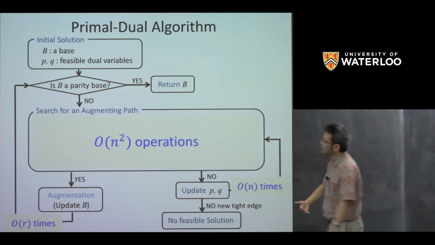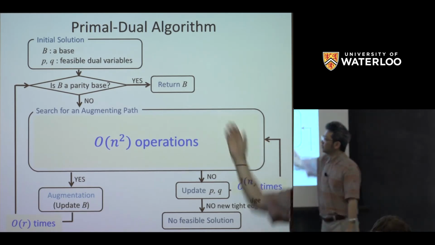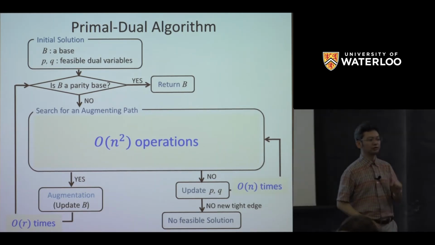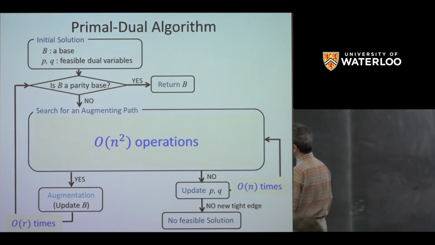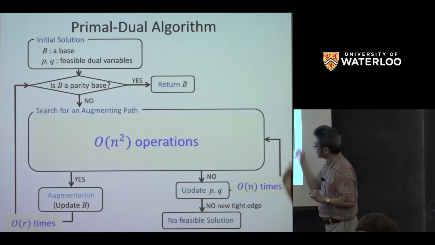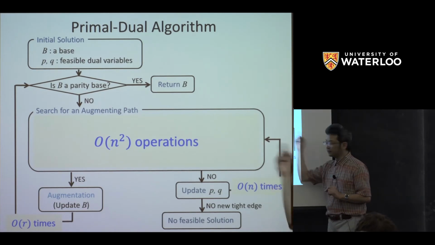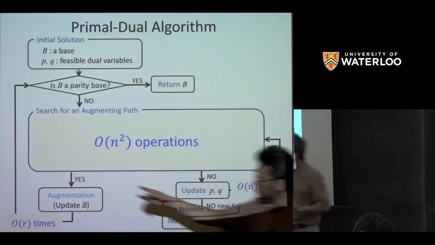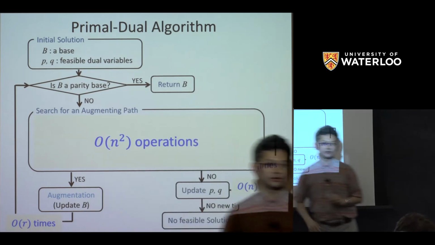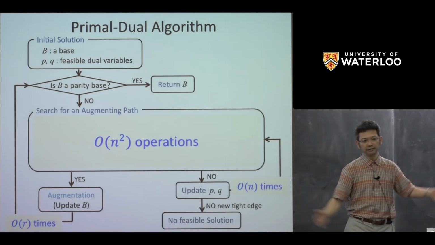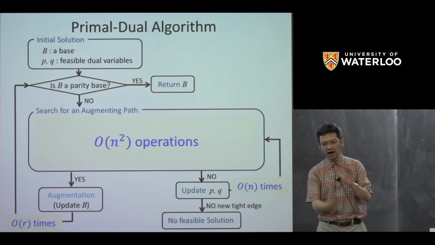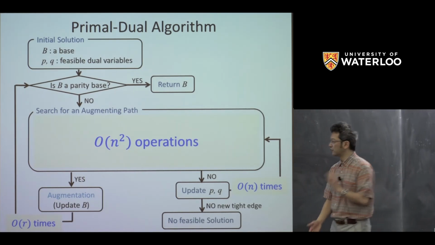As a whole, searching for an augmenting path requires n square arithmetic operations, and these updates can iterate at most order n times. Also, the number of augmentations should be at most the rank.